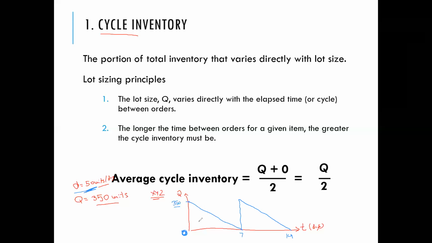Now, this triangle is called an inventory cycle. And the average inventory in this cycle is starting plus ending divided by 2. So the starting inventory was Q, which in this example was 350. The ending inventory was 0, and we just take the average. So that comes out to be 175 units.